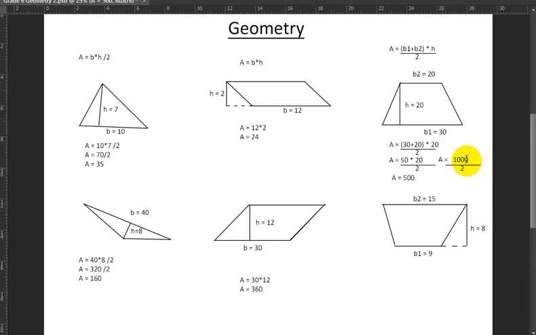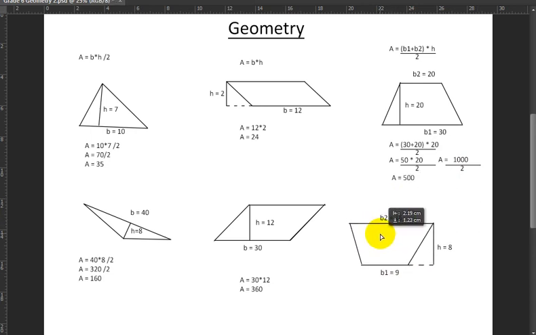And the reason why I wrote it over here is simply because I don't have enough room. Then again, I could just move this a little further down. Make some room. I just don't want you to get confused.